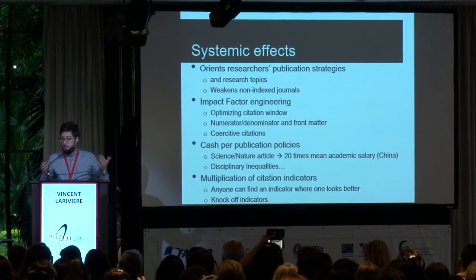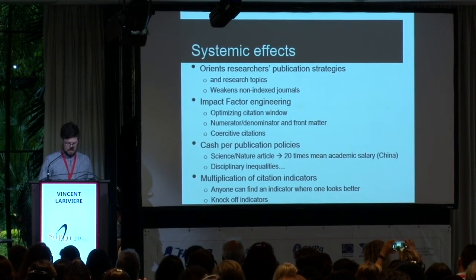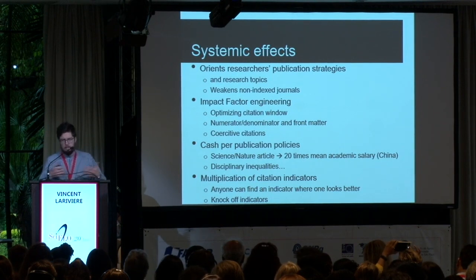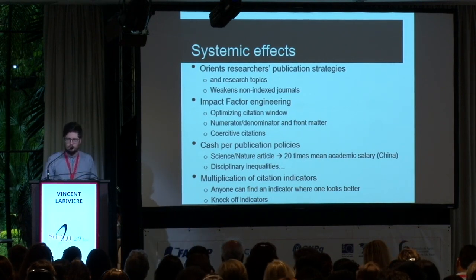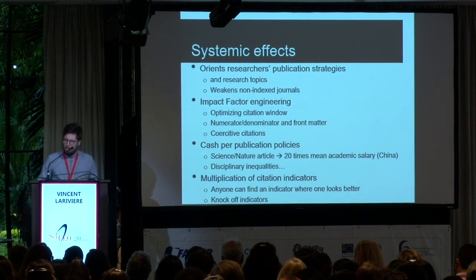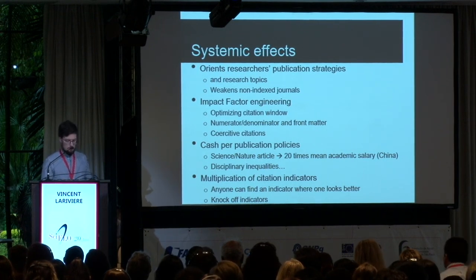And overall, there's been a multiplication of citation indicators, where basically anyone can probably find an indicator in which they look good, which leads to quite a lot of cynicism in the community.